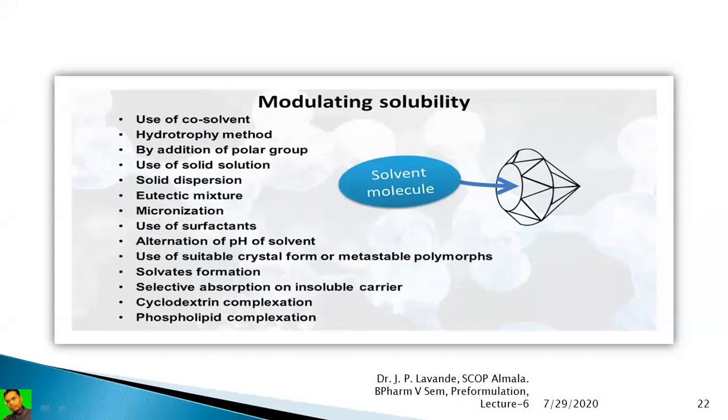That is the use of co-solvent, hydrotropy, addition of polar groups, use of solid solution, solid dispersion, eutectic mixture, micronization, use of surfactants, alteration of pH of solvent, use of suitable crystal form or metastable polymorphs, solvate formation, selective adsorption on insoluble carrier, cyclodextrin complexation, and last but not the least, phospholipid complexation, right?